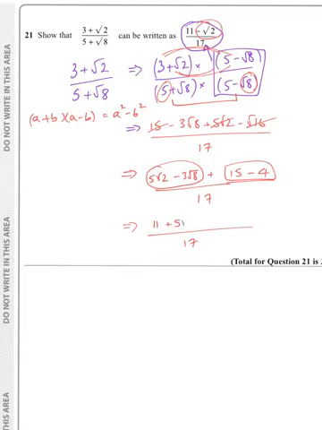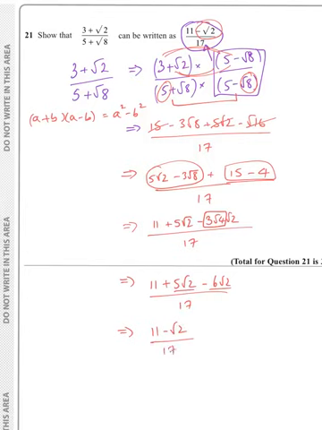So the 5 root 2 is in its lowest form, so we're hoping that this root 8 can be written as root 4 times root 2, which it can. And then we've got 5 root 2 minus, well, 3 times root 4, well, the square root of 4 is 2, so that would be 2 3s are 6 root 2. And then luckily we have 11, and then we've got 5 root 2 minus 6 root 2 is minus root 2 over 17, which is where we wanted to end up.